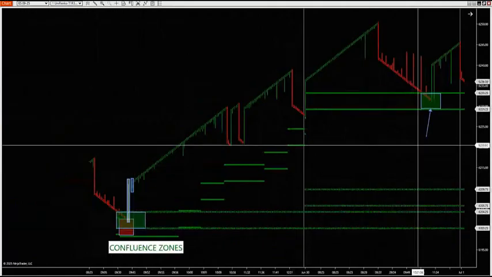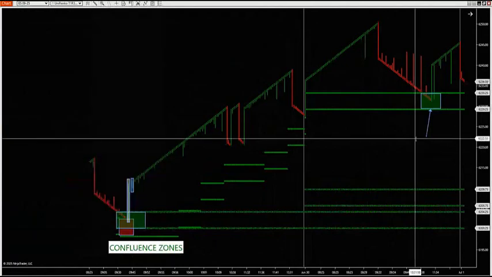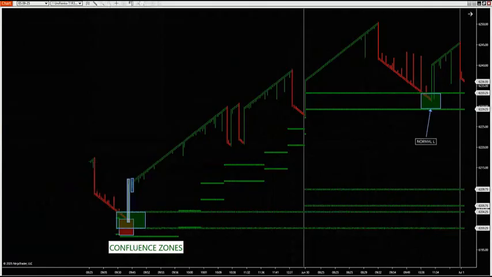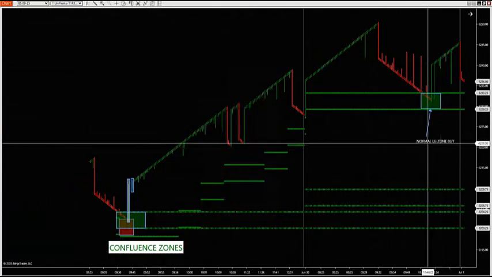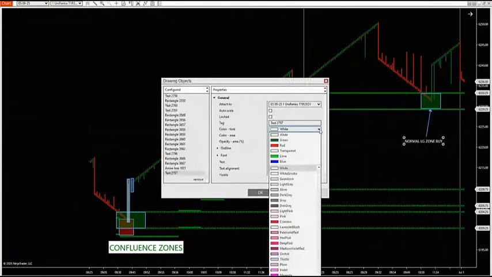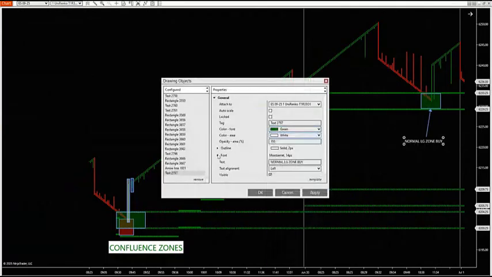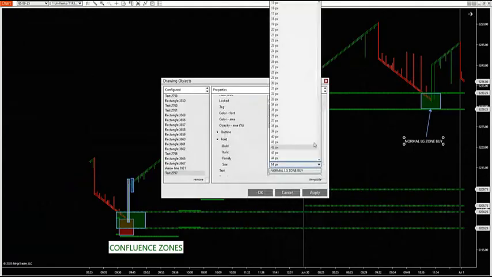This is our normal zone buy, just a normal liquidity grab. And then when they're stacked on top of each other, you'll have confluence. All right, so that is a normal versus a stacked zone.